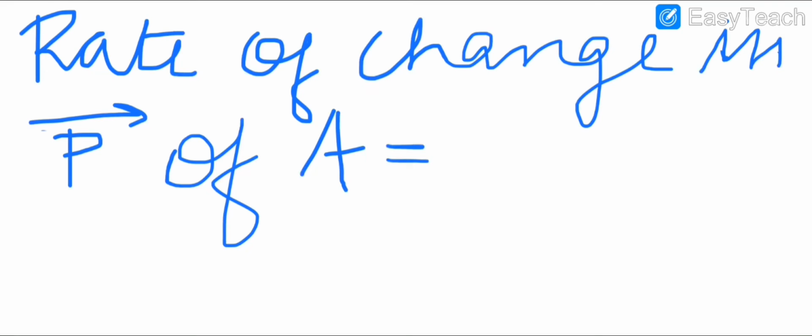Final momentum minus initial momentum upon time taken. Can you write that?